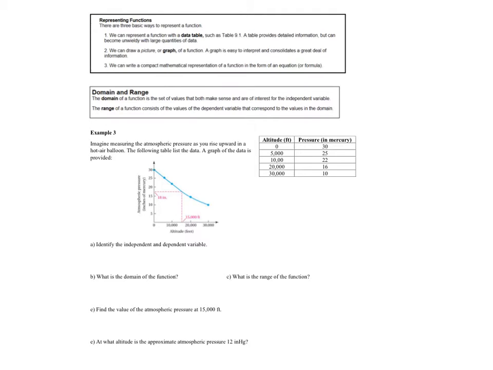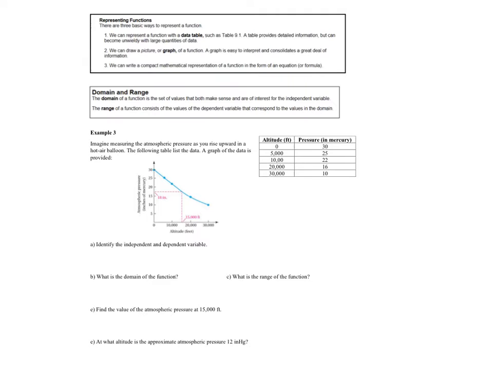So we would look at a graph typically. All right, and then we can also look at what most people think, oh, that's straight math, because we see an equation. Okay, so there's 3 different ways that we want to represent a function: a table, a graph, and an equation. All right, so when we look at these things, we want to analyze each of these different ways of representation.